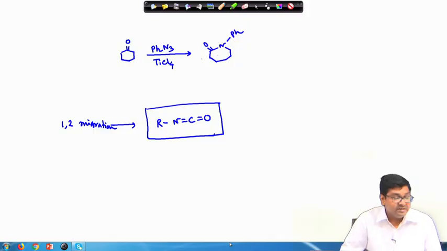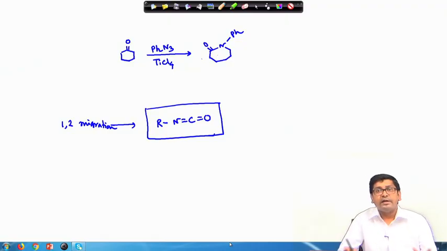Okay. And in this case, what we have found is that during the Schmidt reactions, when it is a keto compound, that gives the corresponding amides. Okay. So, these are the overall different types of reactions associated with nitrenes.